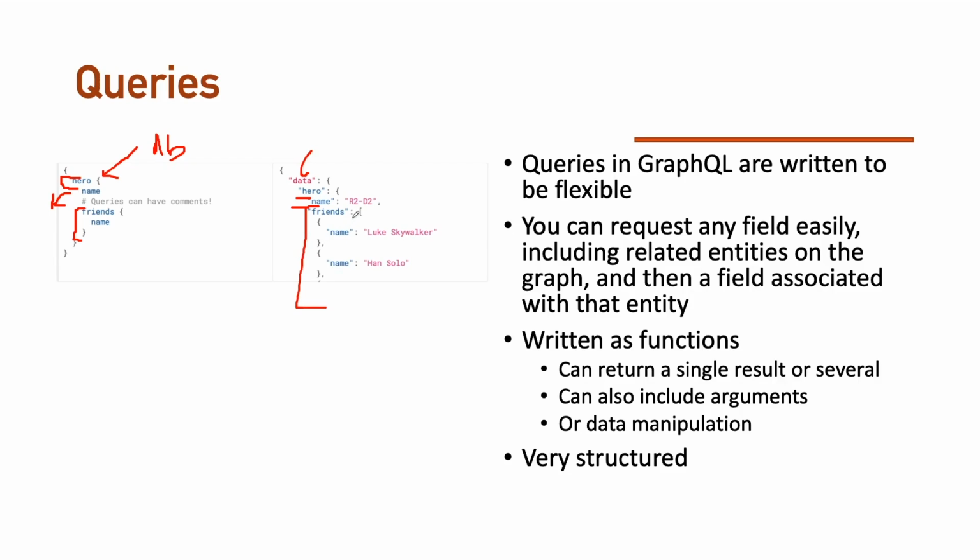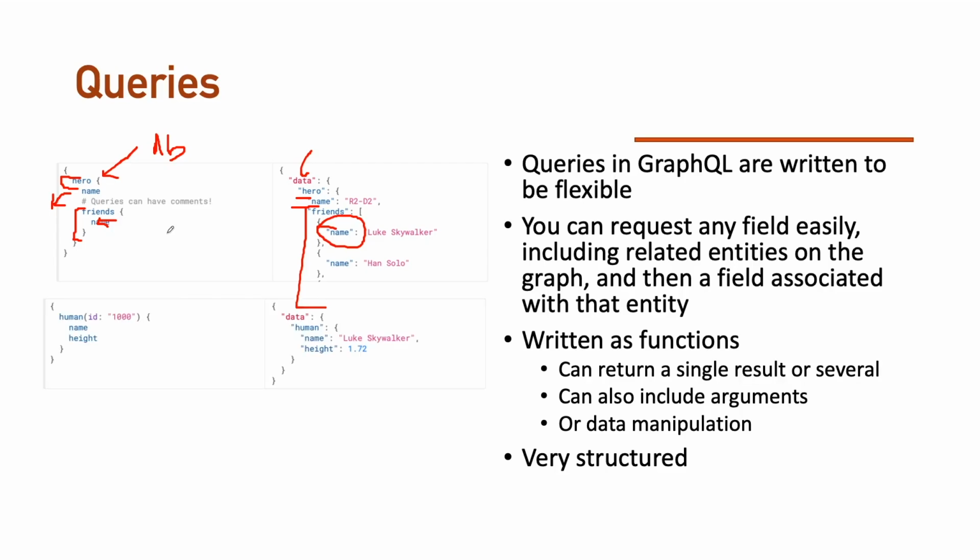So here you can see we've got this friends array, and we're returning whatever data we want from friends. Now, note here that we're returning name. We could return anything again. All we need to do is just reflect it in this part here. And this is what I mean when I say the syntax of GraphQL is often the hardest part. And working out what you want to get from a query can be really difficult.